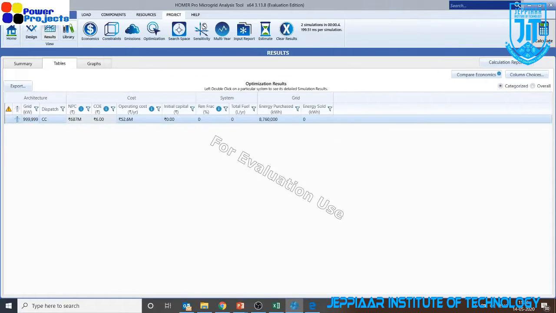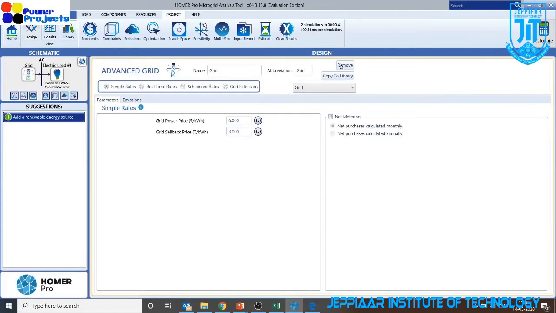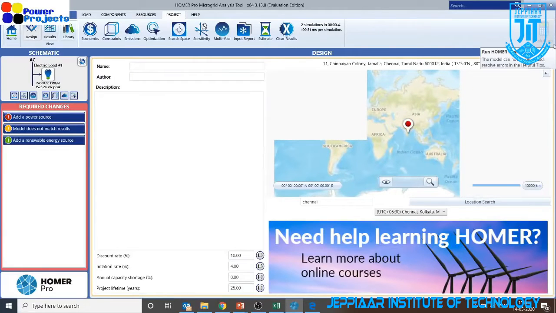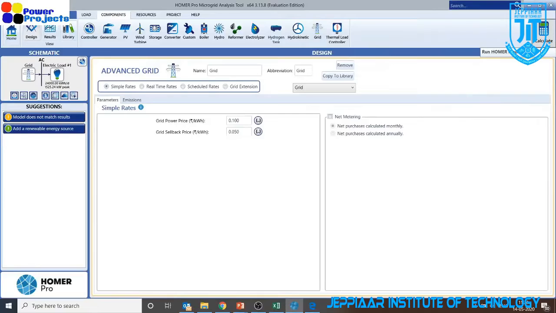If I remove this grid, your calculate button on the right hand side will not be enabled. This calculate button will be enabled only when all your errors are closed. Here there is no power source available to feed the loads, and that's the reason why this calculate button is not enabled. As soon as I add a grid, that is a source, this calculate button will automatically be enabled.